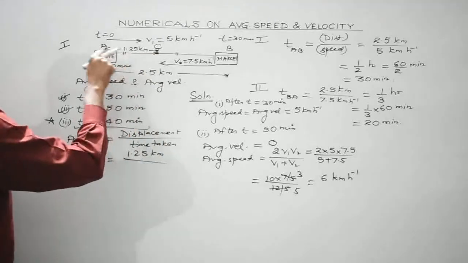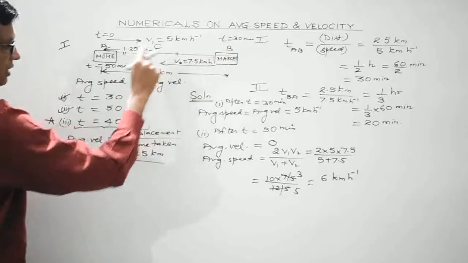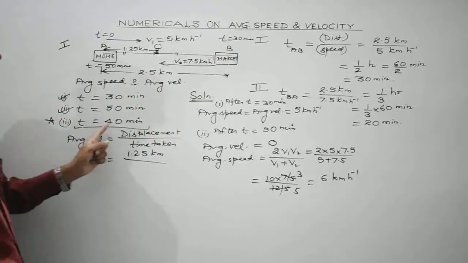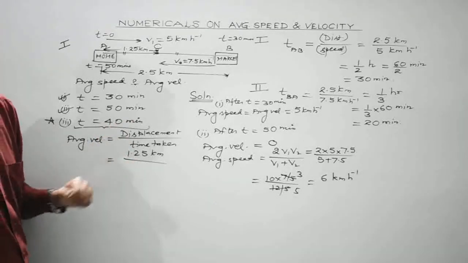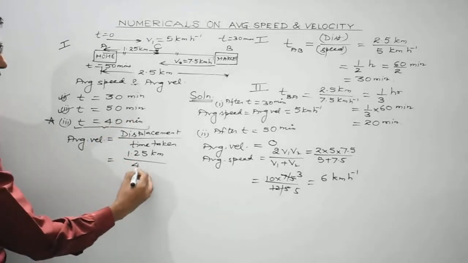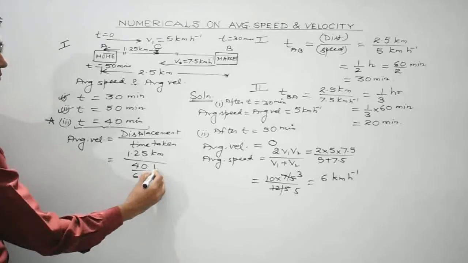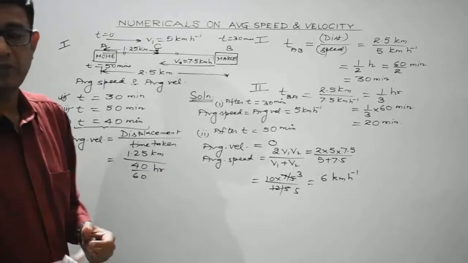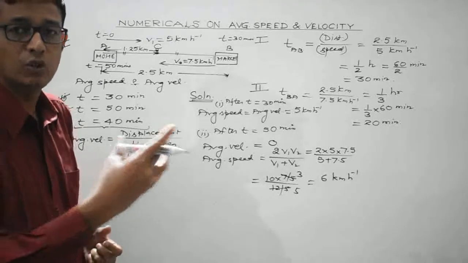What is the time taken? 30 plus 10, that is total 40 minutes. You can convert this 40 minutes into hours, so it will be 40 by 60. Because we want to represent velocity or speed in terms of kilometer per hour.